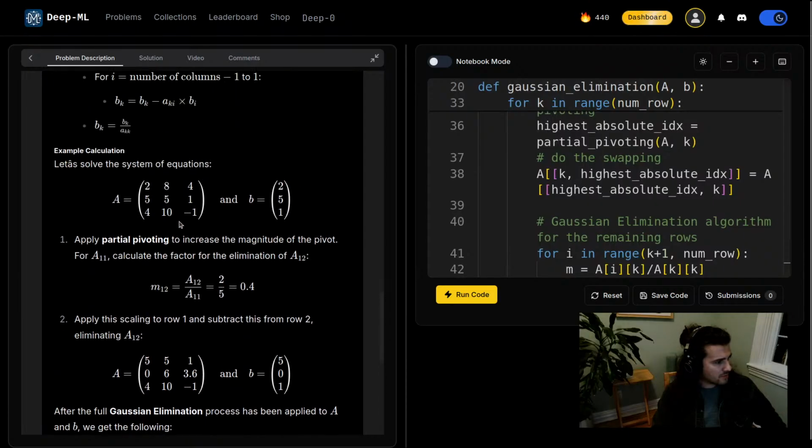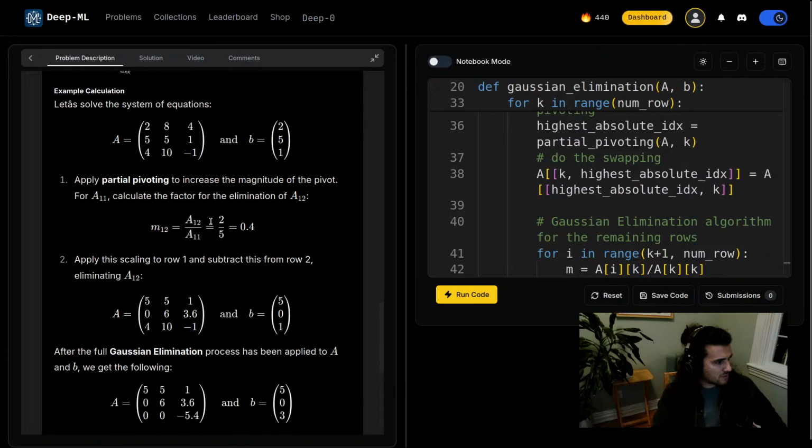So partial pivoting, we did that, and we swapped this one to the top, and then calculate the factor of the elimination for A12. So that would be that, for this one, M. But we don't start at k, we start at k plus 1.